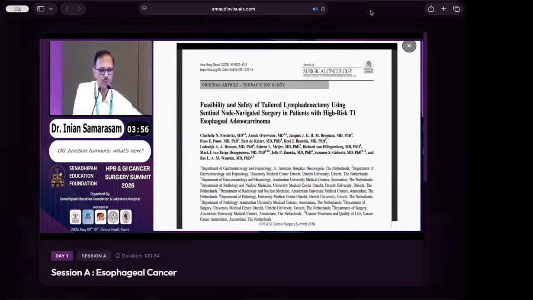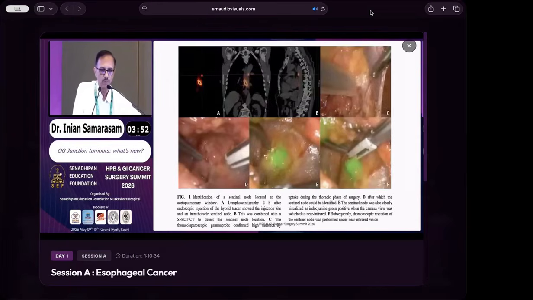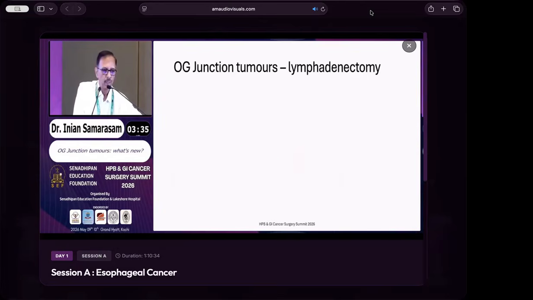Can we wait and watch? And of course, if they do have lymph nodes, can we just remove the lymph nodes alone, do organ preserving surgery? This is a space to watch. It is still not standard guidelines, but perhaps something that might happen in the future.